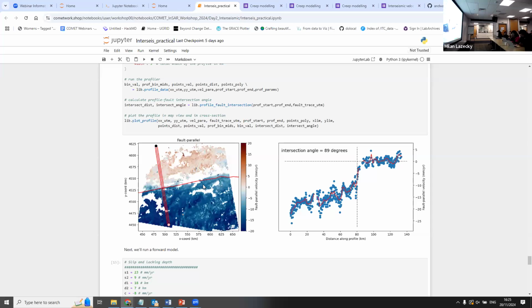That's what's seen in creeping zones. It's quite consistent along strike. Not the whole fault, it's still a relatively short distance, but these are quite narrow profiles, so they're very susceptible to noise. But if you found it was consistent for a few kilometers, you'd think it was creep.